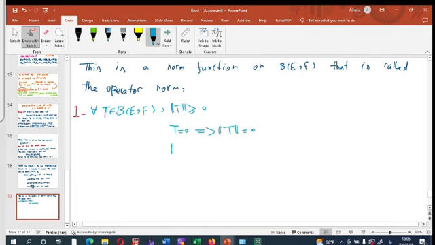Conversely, if the norm of T equal to 0, you consider in E, this must be 0.